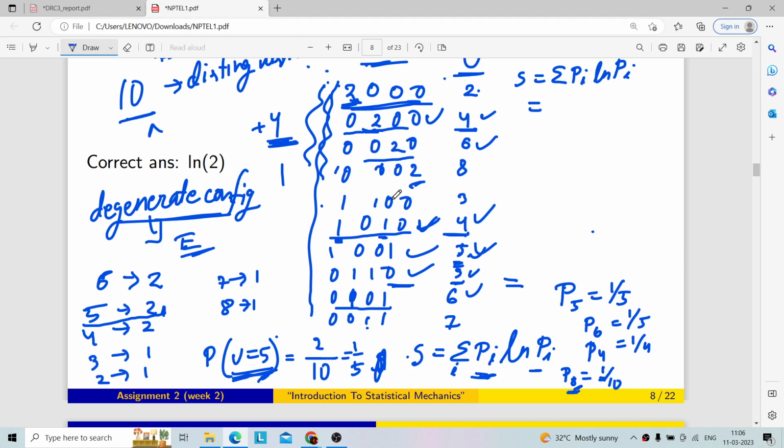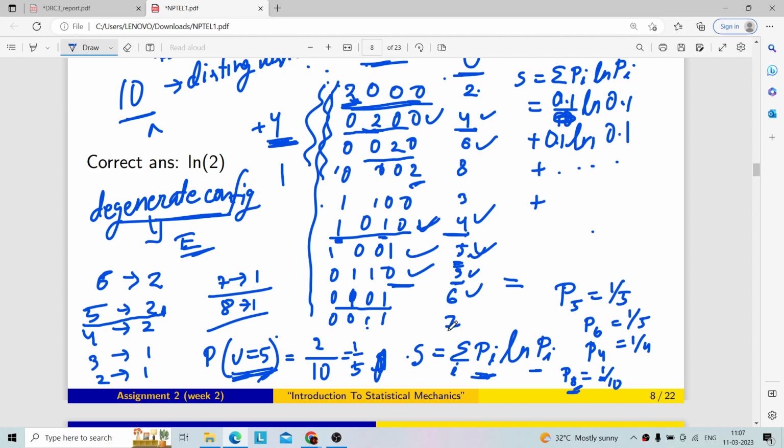Let me start from 2. For 2, I have probability 1 over 10, which I can write as 0.1, so 0.1 ln of 0.1, plus for 3 also 0.1 ln of 0.1. Similarly for 7 and 8, I have to write 2 more terms.